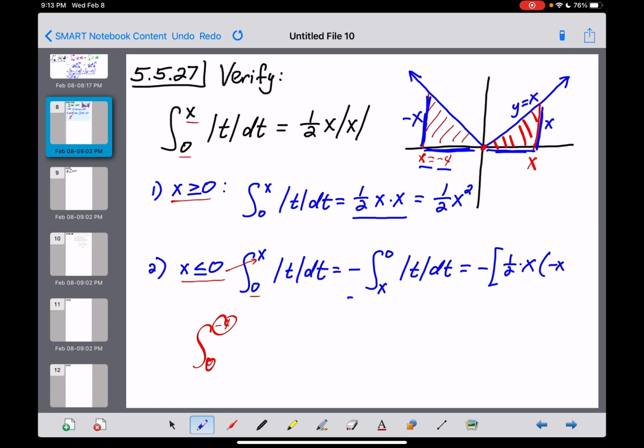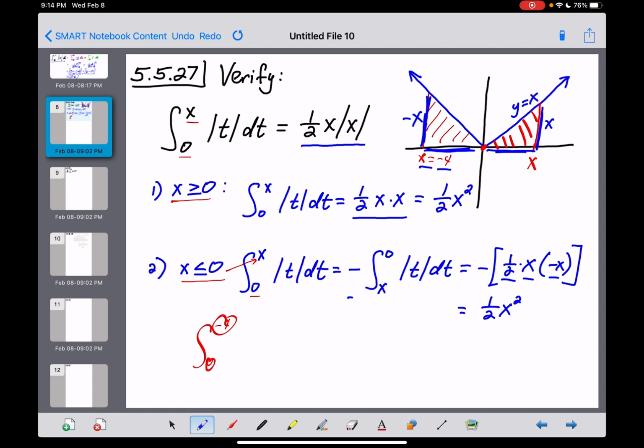And that's going to become 1/2 times x, and two negatives make that a 1/2 x squared as well. So that's a little bit interesting. In a case where x were negative, we'd get that same expression. So I'm curious then, why did they say that this was going to equal 1/2 times x times the absolute value of x and not just 1/2 times x squared?